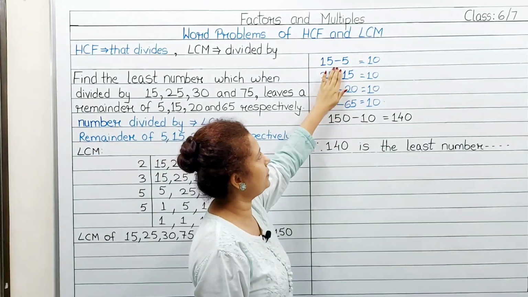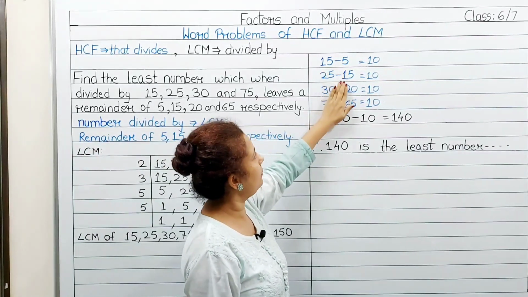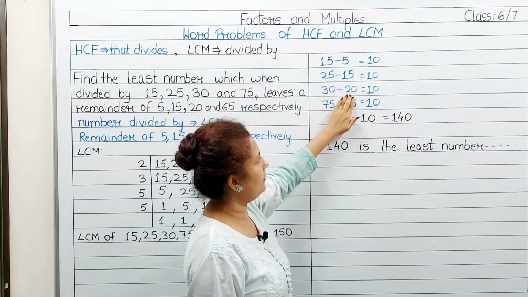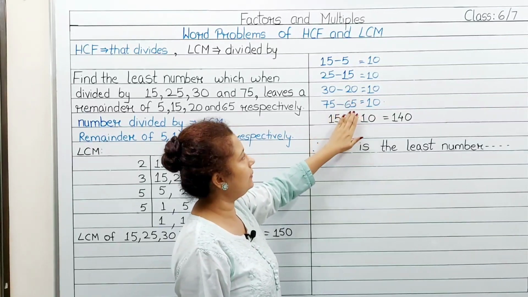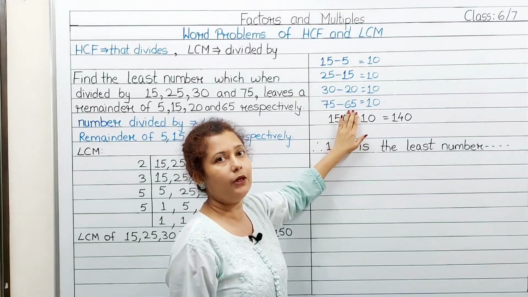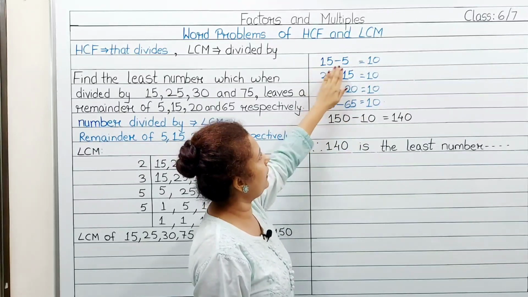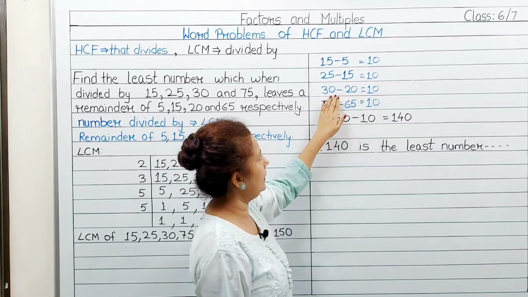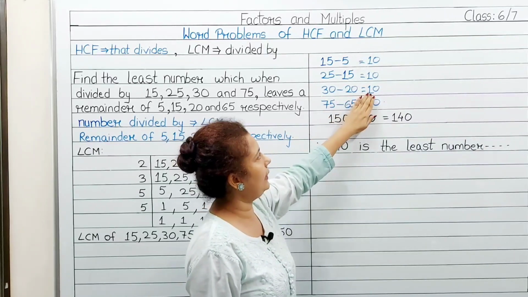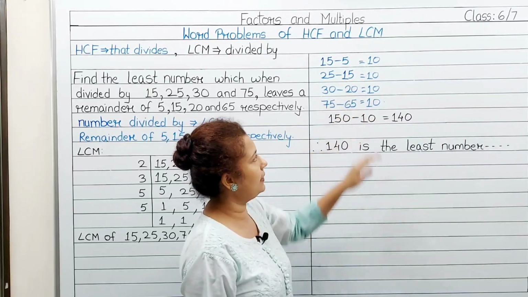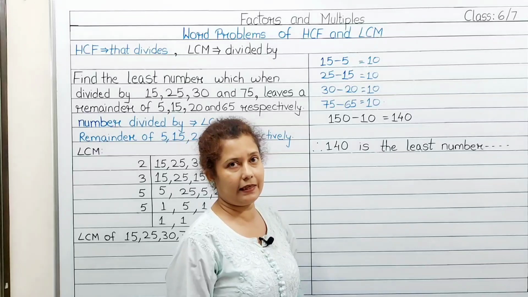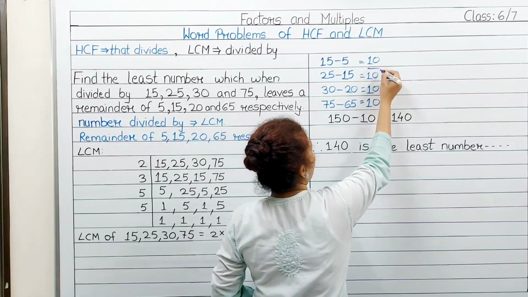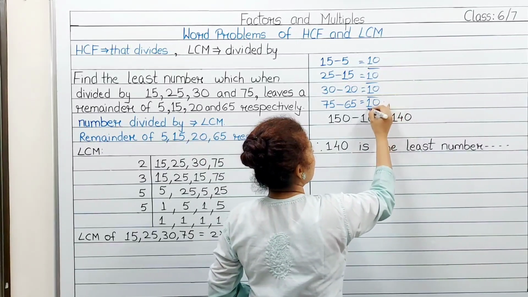That means we have to subtract 5 from the first number, 15 from the second number, 20 from the third number and 65 from the fourth number. So 15 minus 5 is 10, 25 minus 15 is 10, 30 minus 20 is 10, 75 minus 65 is 10. That means here we are getting a common number that is 10.